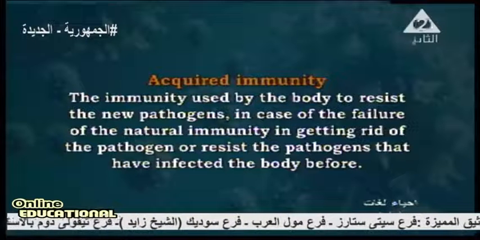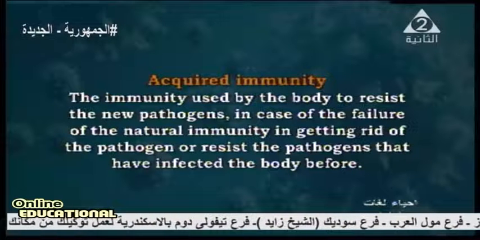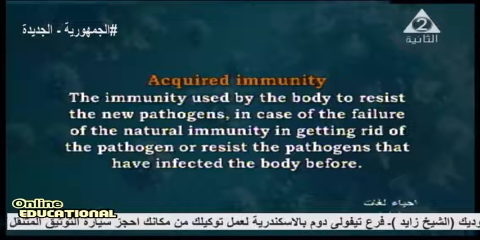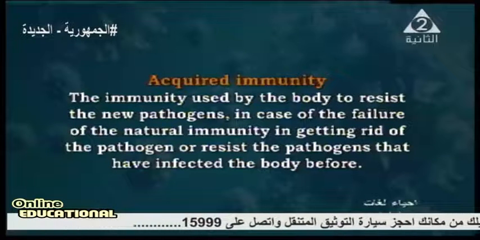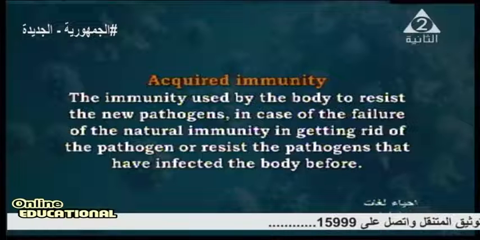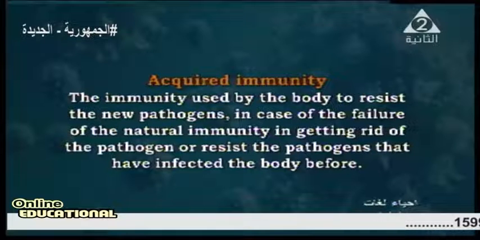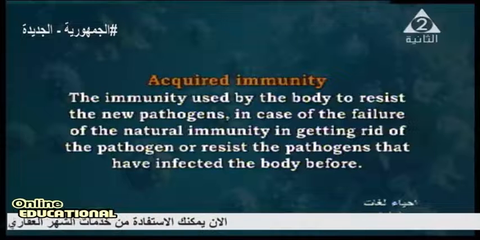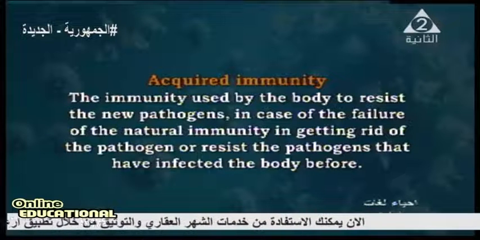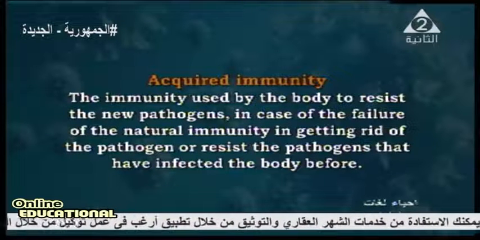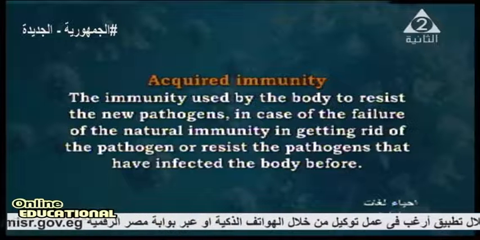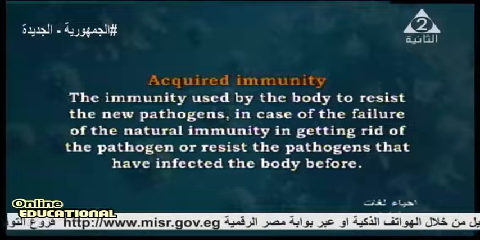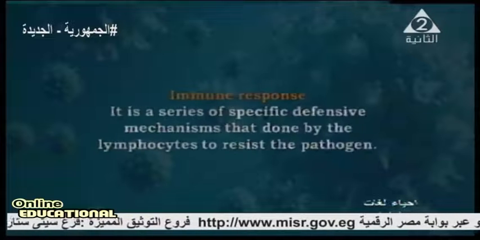This means, if the natural immunity inside our body fails to remove this pathogen, we need another type of immunity known as acquired immunity. This acquired immunity may be from antibiotic, vaccine or serum. This is another type of antibiotic.